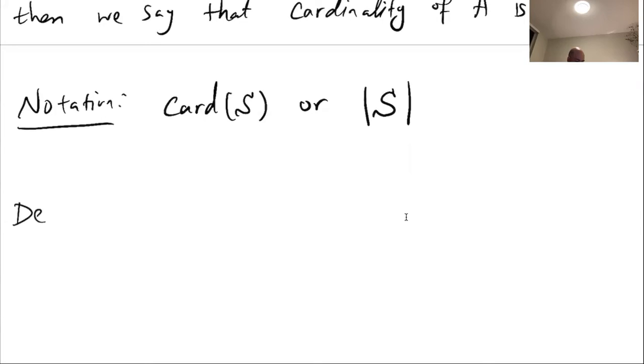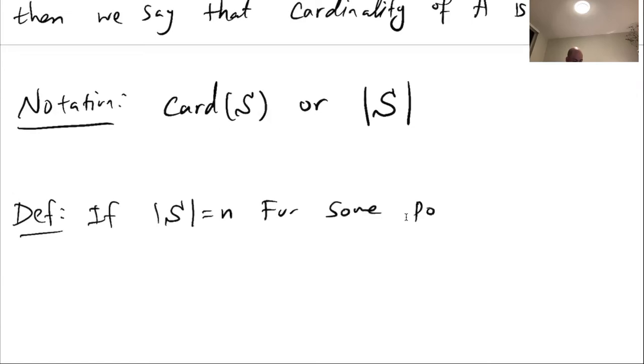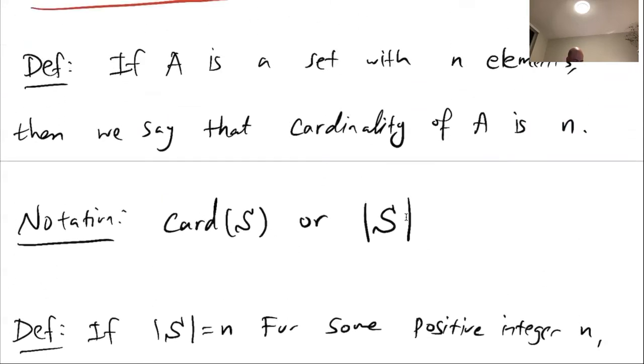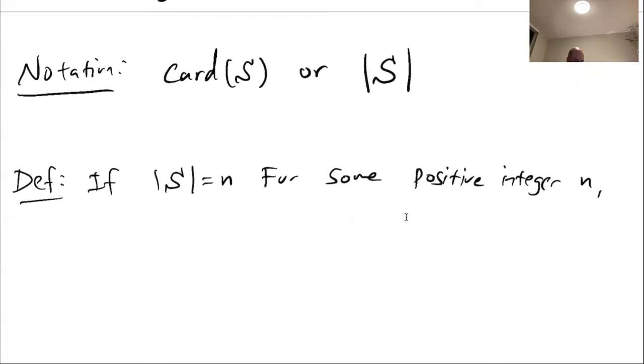So another definition: if the cardinality of S is equal to n for some positive integer n, then we say that S is a finite set.